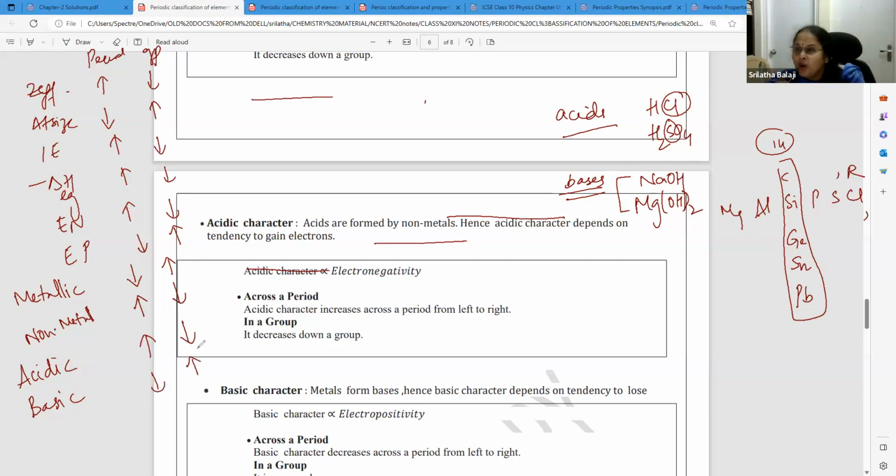Can you see, students? You understand? Isn't it easy now? Because everything you're relating to what fundamentally? Which is that factor, the only factor which drives all these periodic properties?